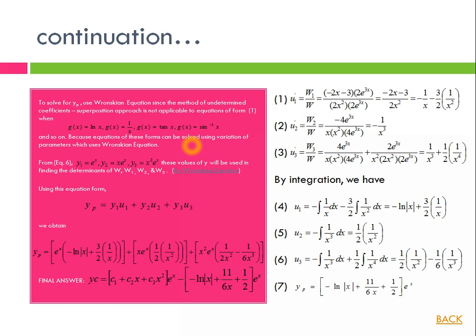From our equation 6, we get the values of y sub 1, y sub 2, and y sub 3. These values of y will be used in finding the determinants of our Wronskian. Let's first go to the Wronskian.